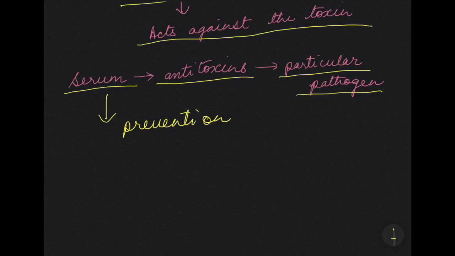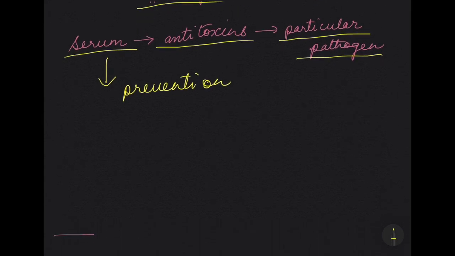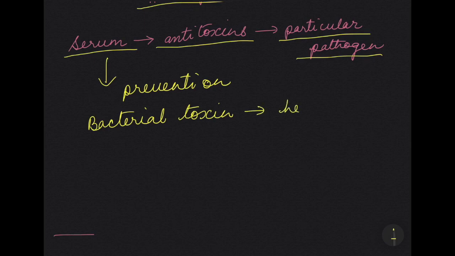Now, to prepare a serum, a small dose of bacterial toxin is taken and it is introduced into the body of a healthy animal.